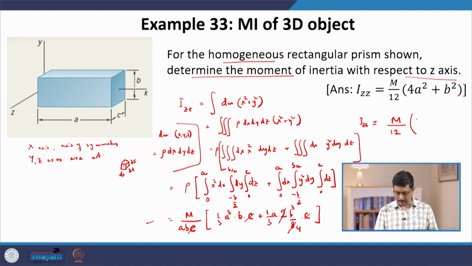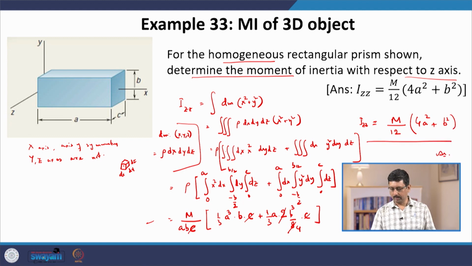Then the first term will have 4 a square and the second term will have only b square, and this is the answer.